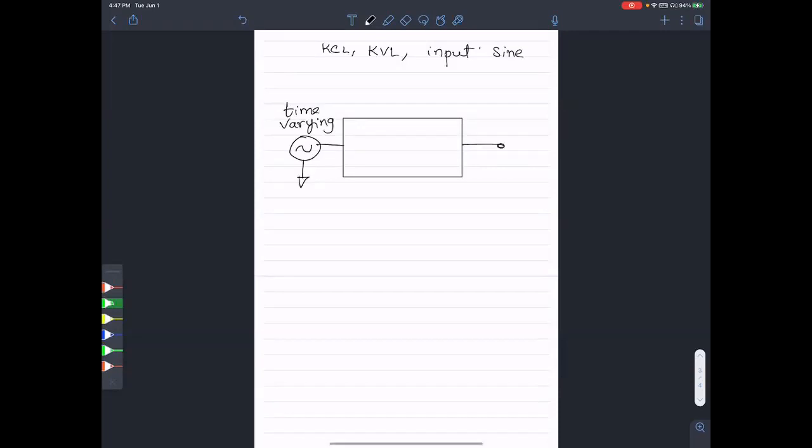In this chapter, we will try to understand how the output is going to be when you apply a time varying signal to the input. Everybody with me? Questions, please. Questions so far.